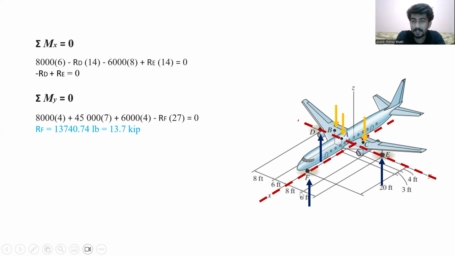Negative, I have the reaction force that is acting at wheel F, which has a perpendicular distance of about 27 feet. And the reaction at F is moving clockwise with respect to the y-axis, so it is negative. So through this, I get the reaction force acting at wheel F, which is about 13740.74 pounds. So let's apply moment about the z-axis.